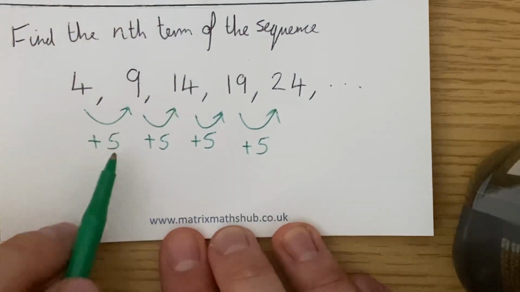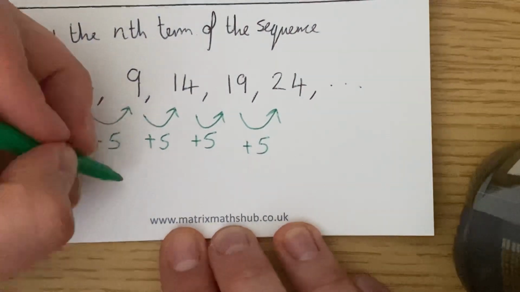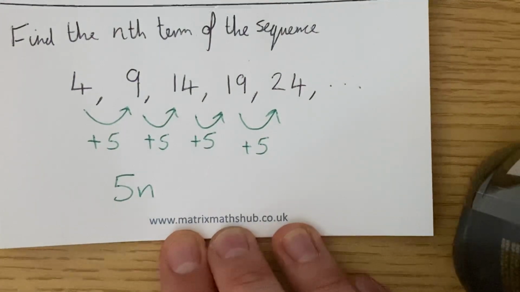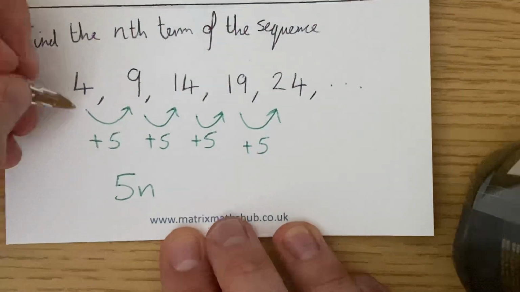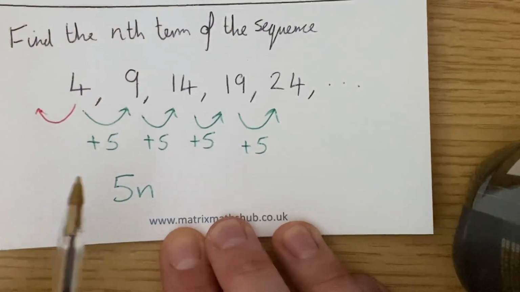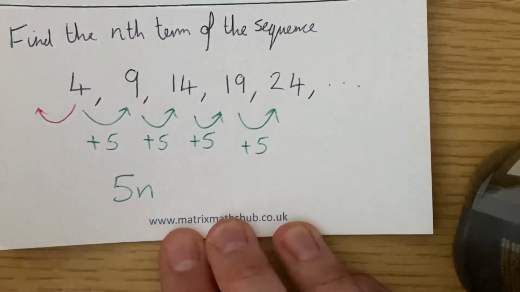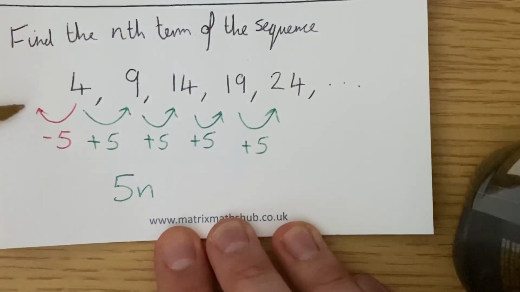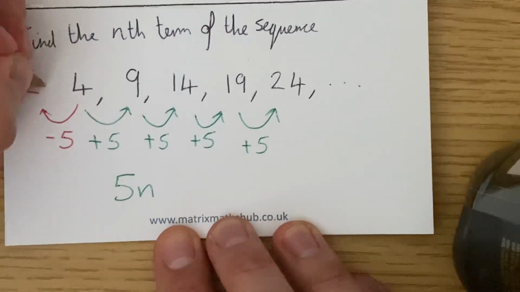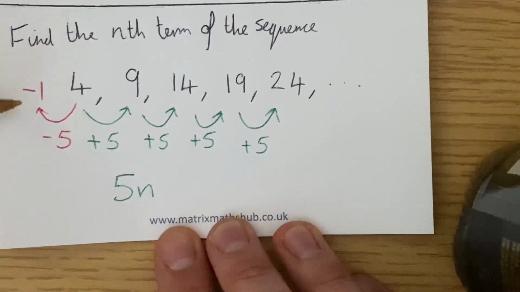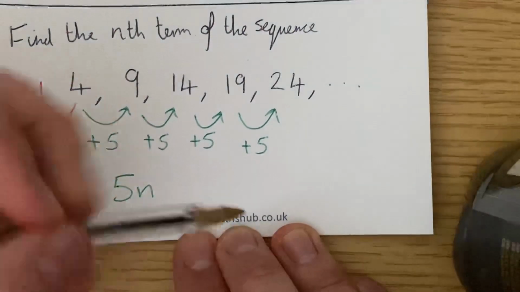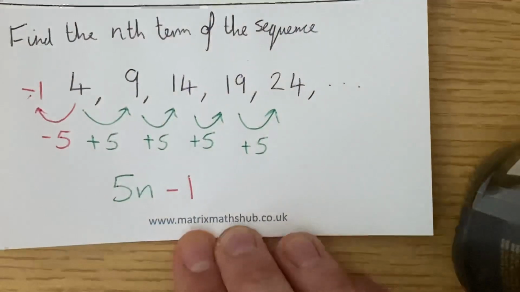Now remember from last time that plus 5, or the 5, goes in front of the n, so we get 5n. And we then have to go backwards from that 4, doing the opposite of what we did here. Opposite of adding 5, so we take away 5. 4 take away 5 gives us minus 1. Now we had a plus 1 before, but this one's a minus 1. So our nth term becomes 5n minus 1.